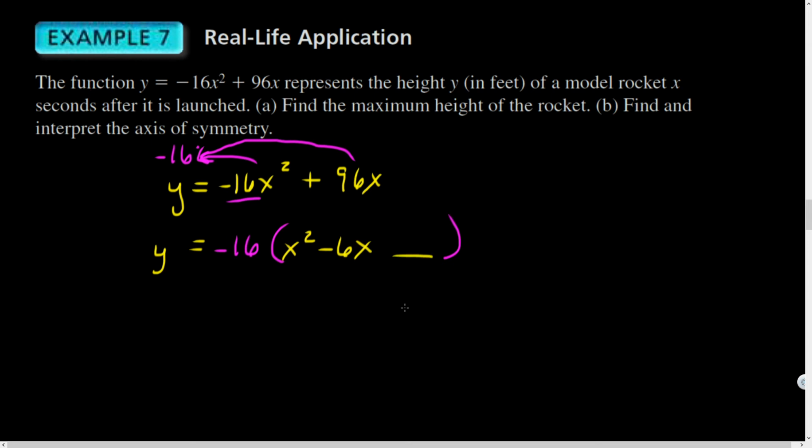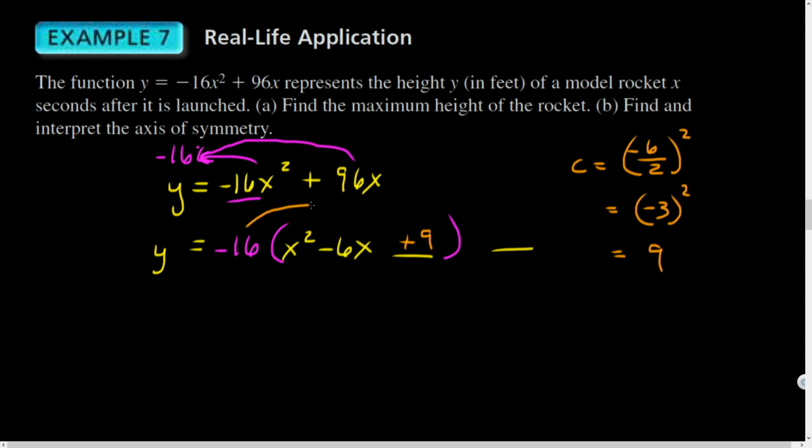So I'm going to complete the square here, and whatever I do here, I'm going to have to do something to the outside there as well. Let's find my new c term. So new c is going to equal b divided by 2 all squared, which is -3 all squared, which is +9. So in the world of parentheses, I'm adding 9.